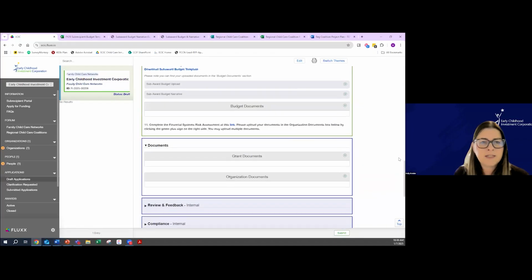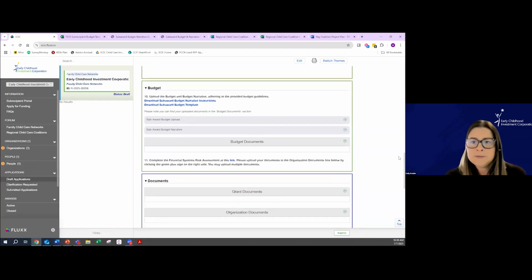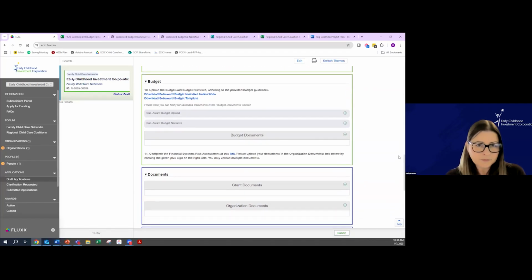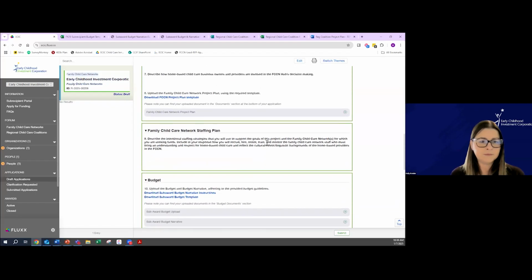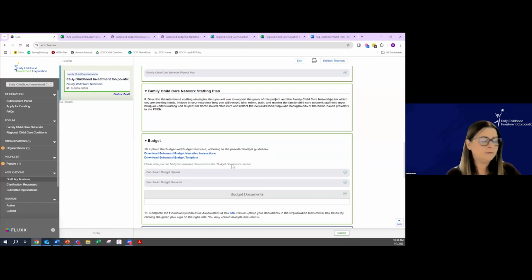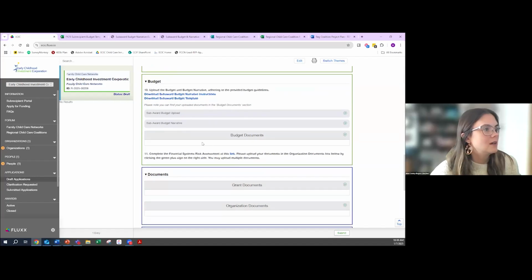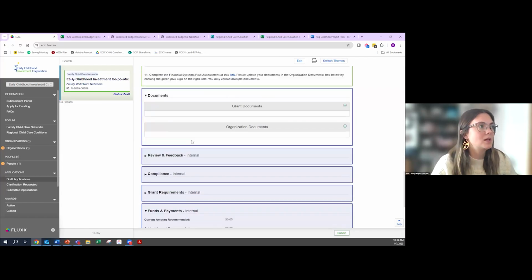Misty's showing where the documents are uploaded. Yes, so this is the Flux portal and you all saw earlier. You will notice that there is a section at the very bottom called budget documents, where you'll find the things we just reviewed. Then the very last question, and this goes both for Family Childcare Networks if you all plan to also take a peek at that application at any point.